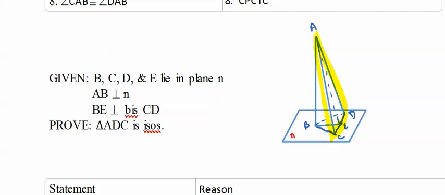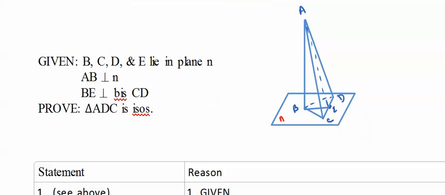Now, to do that, we can try to get the back triangle ABC congruent to triangle ABD, and if we can prove them congruent, then the sides AC and AD would be congruent, which would prove it to be isosceles. So now we need to figure out how to prove those back two triangles congruent.